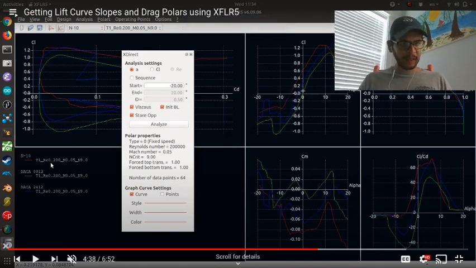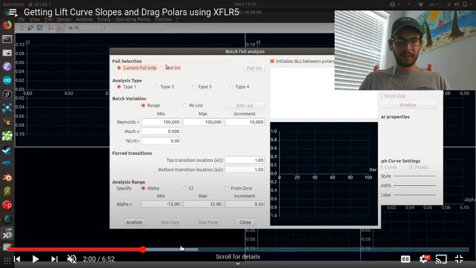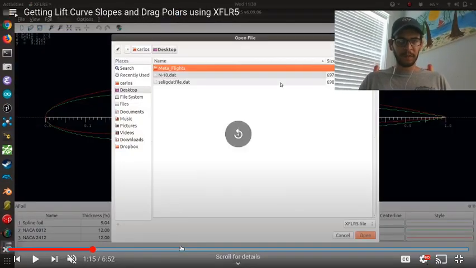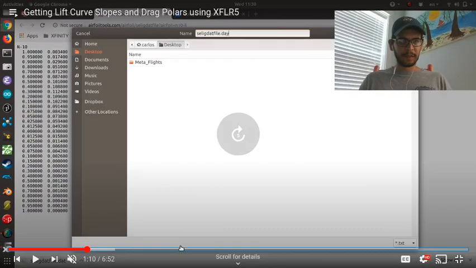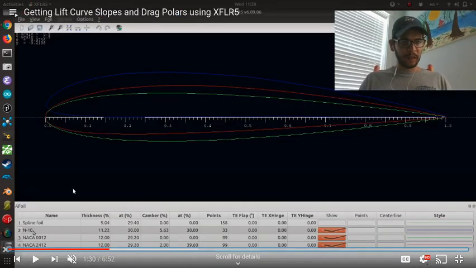So this is an N9.0. Yeah, it's an N10. I wonder if we can go back to where I actually put these airfoils in. Yeah, there we go. So it looks like in blue here, that is the N10.